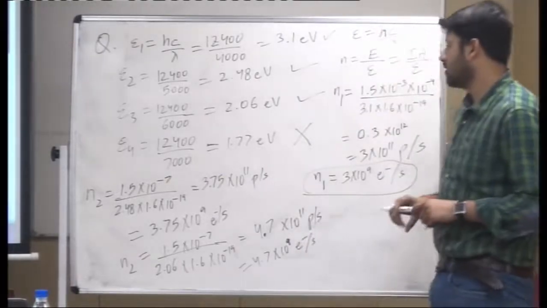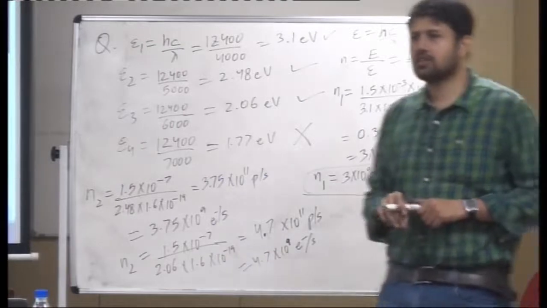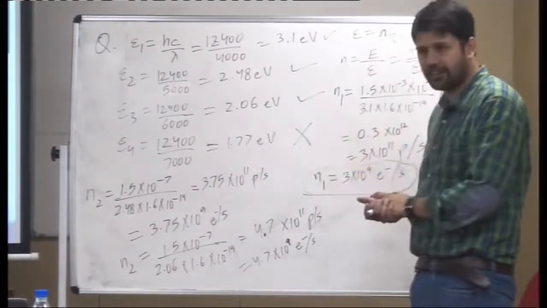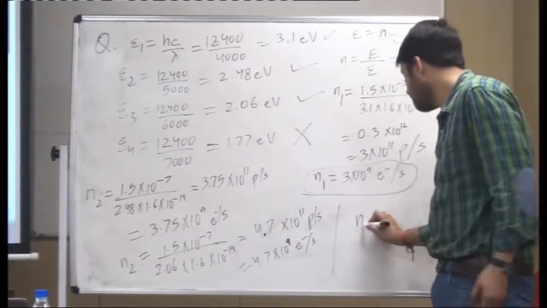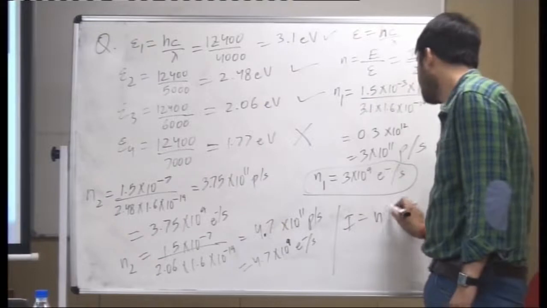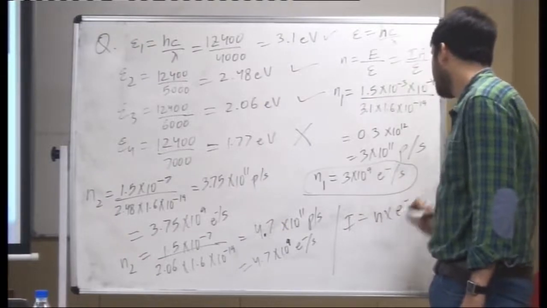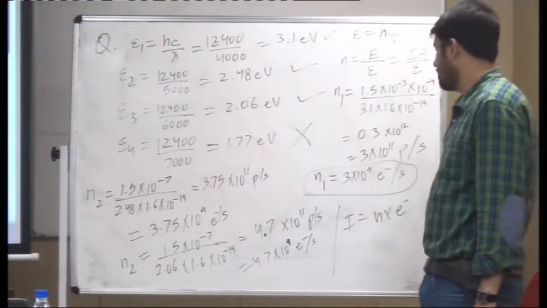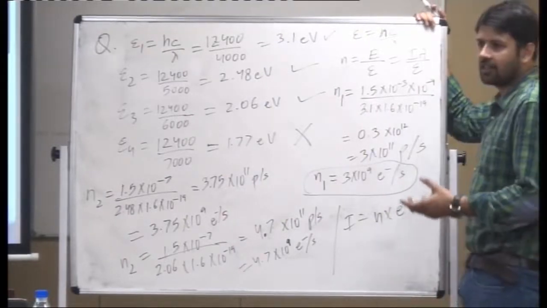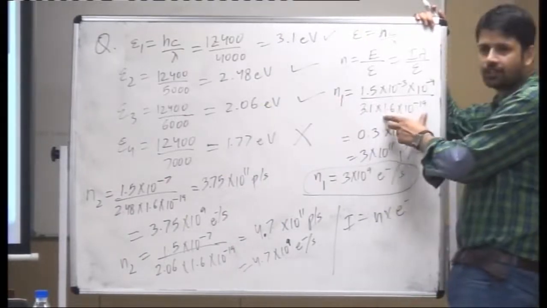Right? Is it okay? So the total number of electrons, you can add them up and find. Let's say n is the total number of electrons. So the photocurrent would be n into charge of electron.